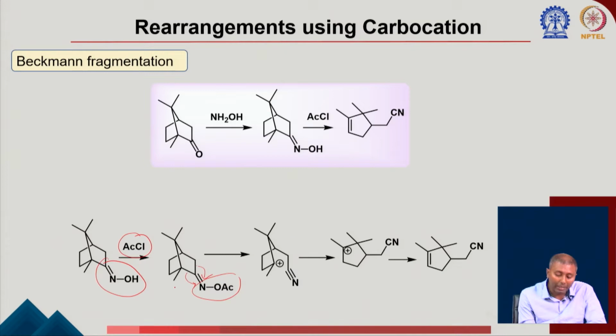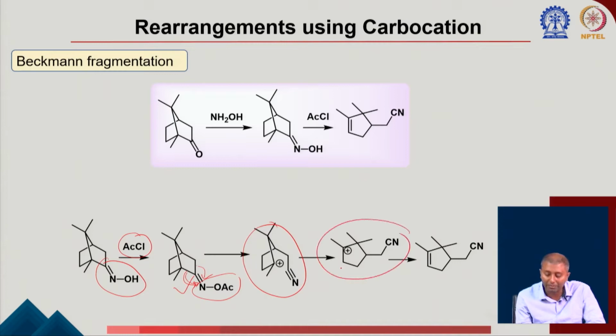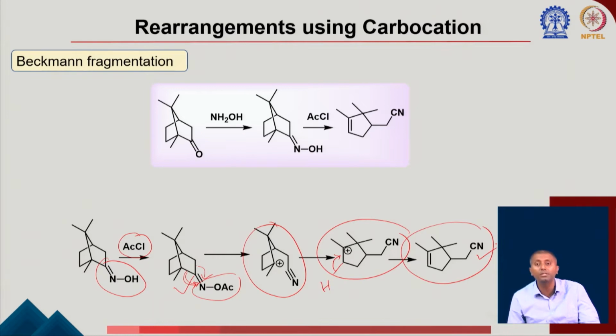But if we break from this side, it is going to form the more stable tertiary carbocation. So breaking from this side will be more favorable, and after that, if it is forming a carbocation, it can abstract a proton from here to form the corresponding olefin with this nitrile group. Okay, I hope you understood this.